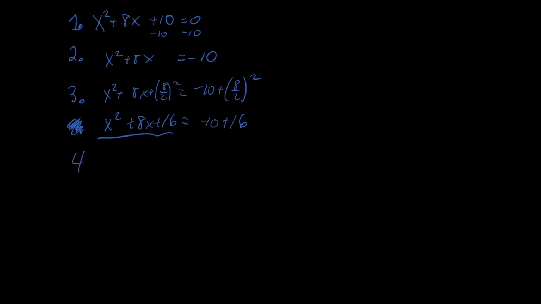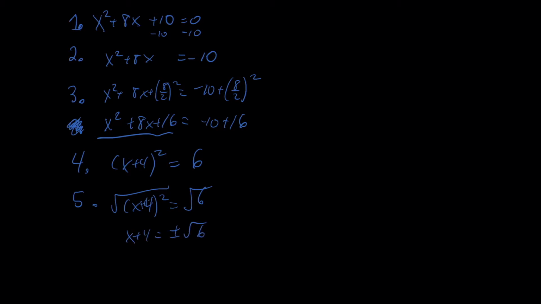I then know this is going to factor to x plus 4 squared, and I can then use the square root property to solve. So if I take the square root of x plus 4 squared equals 6, I get x plus 4 equals plus or minus square root of 6.